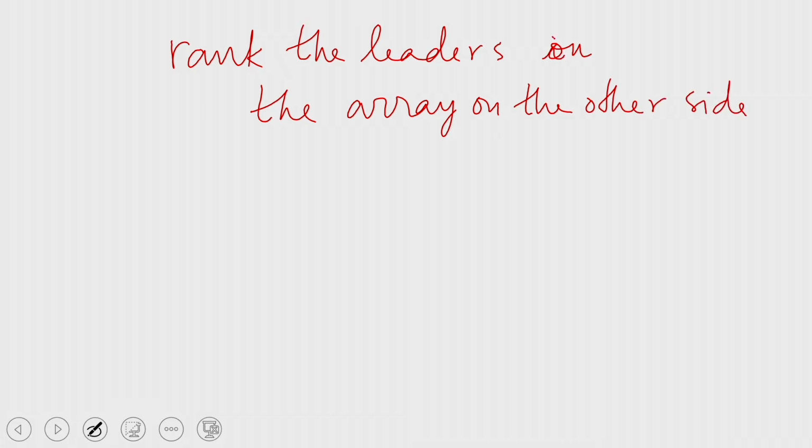Rank the leaders in the array on the other side, which means we want to rank A prime into B and B prime into A. Every leader in B should know its exact rank in A, and every leader in A should know its exact rank in B. But this is now easy because every leader on either side has found the column in which it falls on the other side.